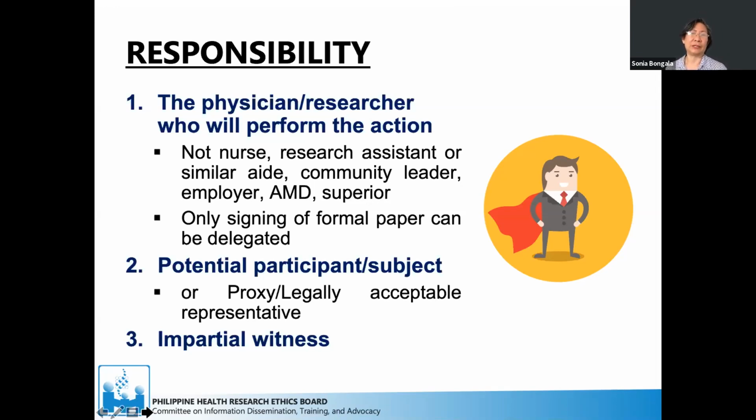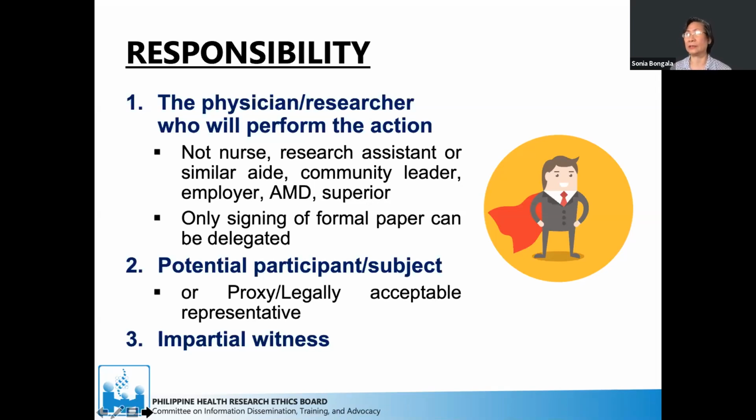Okay, so for potential participants who cannot competently give a consent, a proxy or a legally acceptable representative can give the consent. Sometimes in some studies, an impartial witness is required.